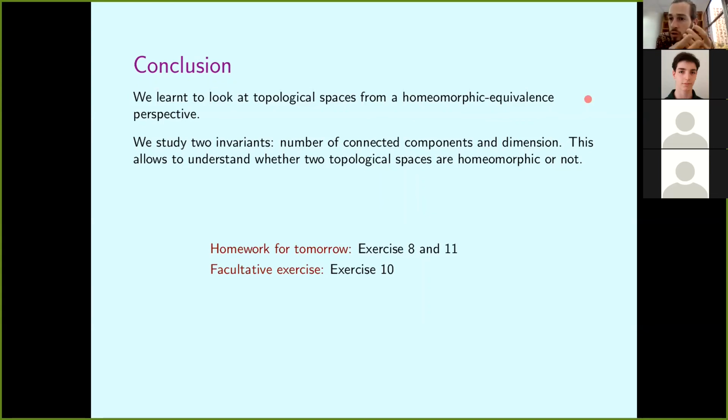These are very basic invariants. Next week, we will study one of the most important invariants of topological spaces in mathematics, and it is called homology. And this is the whole point of this course, because persistent homology in topological data analysis is something that will help us to estimate homology.